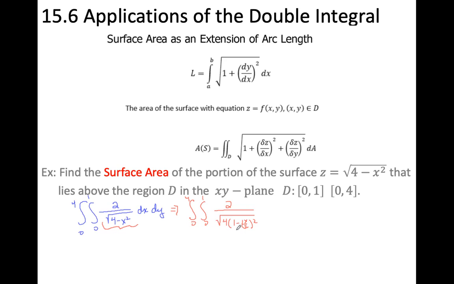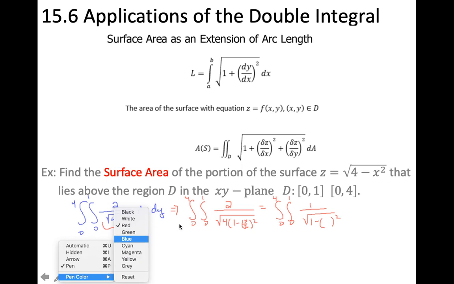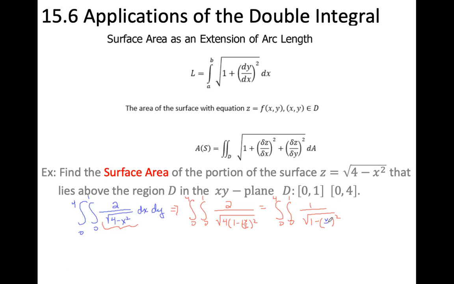Take this 4 out here, and it becomes a 2, which means you are integrating now. Can you tell me what integral formula you're going to use if you haven't recognized it yet?